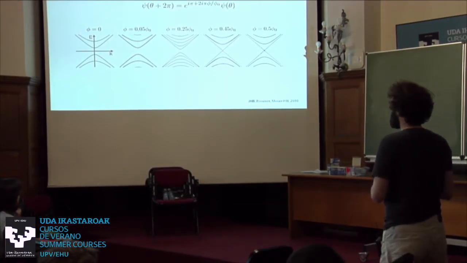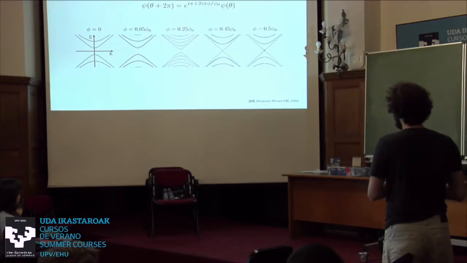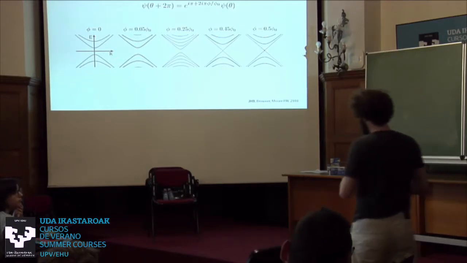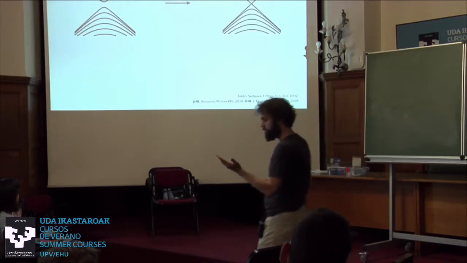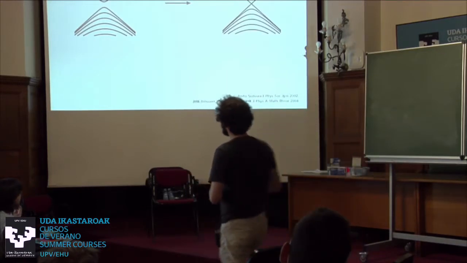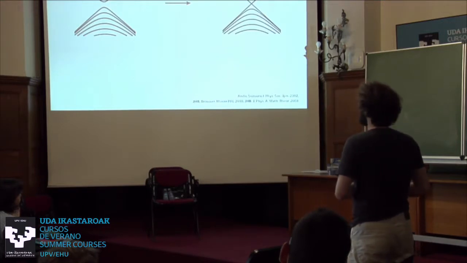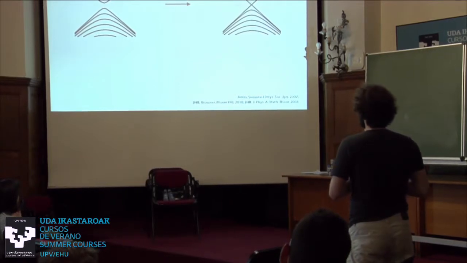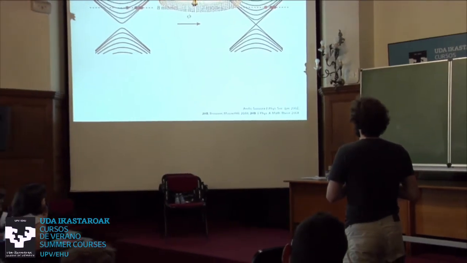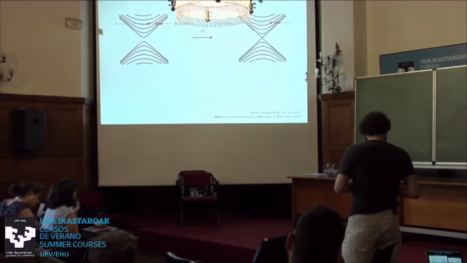Because here I have a number of bands which are all doubly degenerate. Here I have a number of doubly degenerate bands plus one which is not degenerate, which means that I have gone from an even number of modes to an odd number of modes. So we can just count. Here, for example, I have 2, 4, 6, 8 modes. Well, here I have 2, 4, 6, 7 modes.